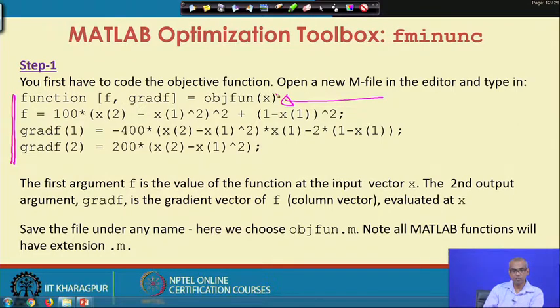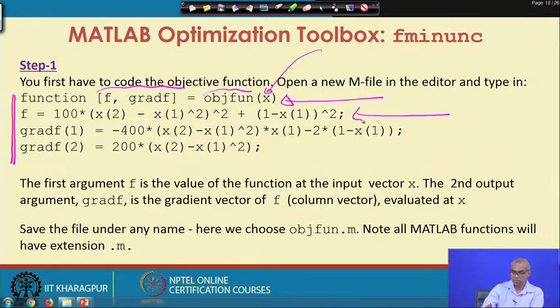This is how we write the function file: function, then f, grad f, these are the two values that will be returned by the function objfun, and x is the input argument to the objfun function.